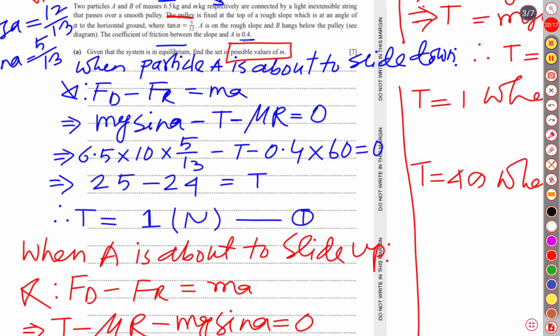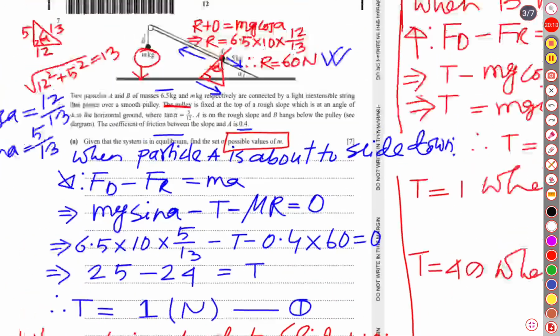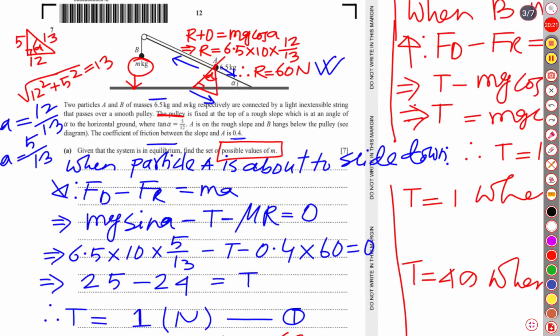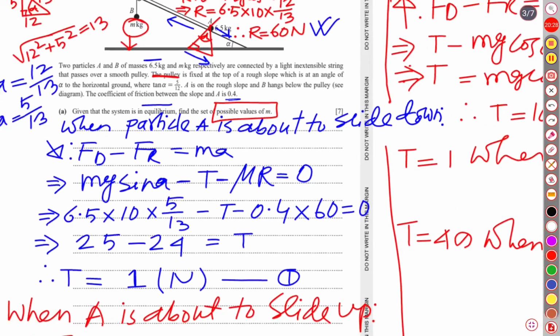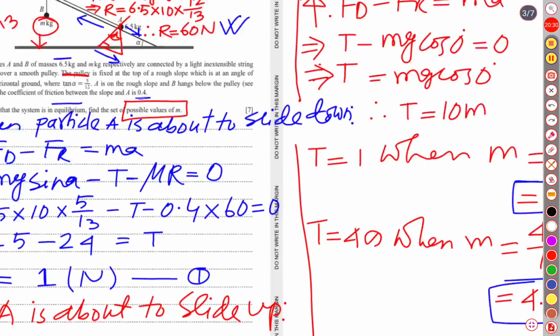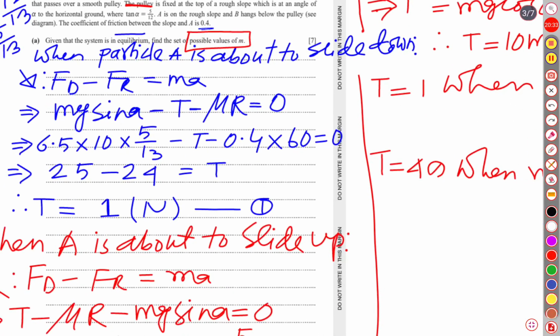Now let us analyze these two values. What does it mean actually? In the first case, we have got that the value of m is 0.1. In the second case, the value of m is 4.9. When did we get 0.1? When tension is 1 unit, 1 Newton. Look at this.